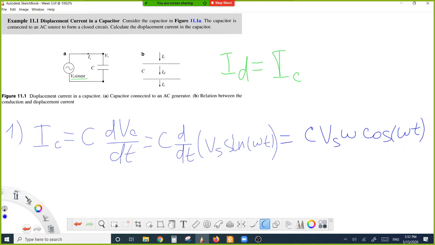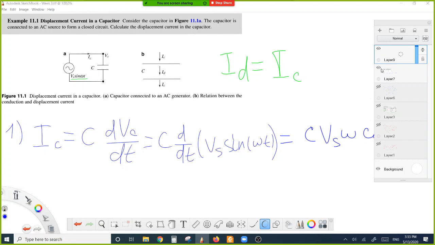However, we can solve this in another way also, with the use of displacement current density and electric flux density in the capacitor.